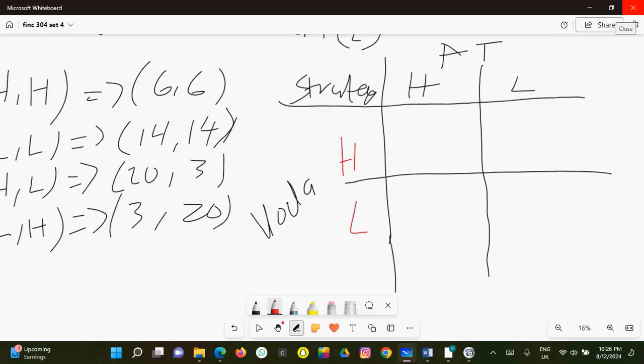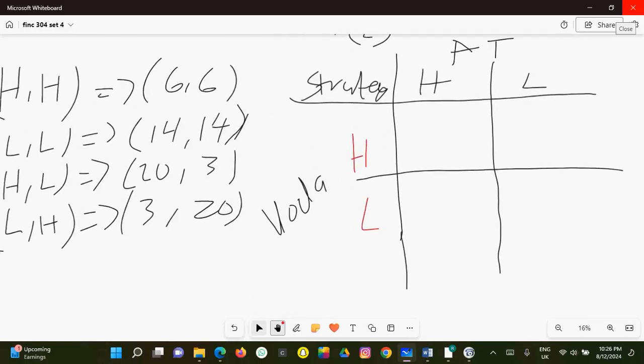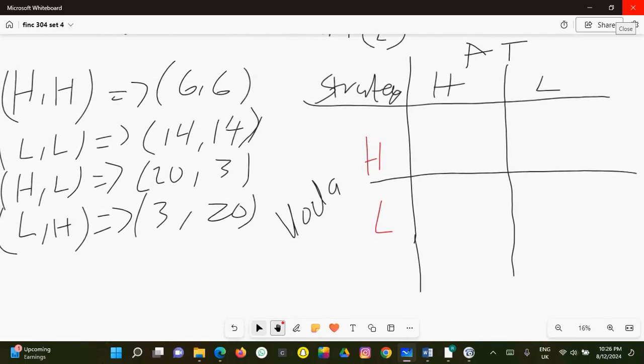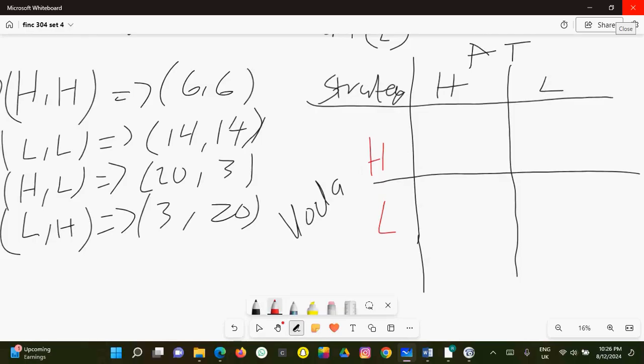So now when they both play high and both choose to advertise highly, they both earn 6 million each, right? So Voda will earn 6, and then Tigo will earn 6. When they both choose low, Voda will earn 14, and then Airtel Tigo will earn 14.